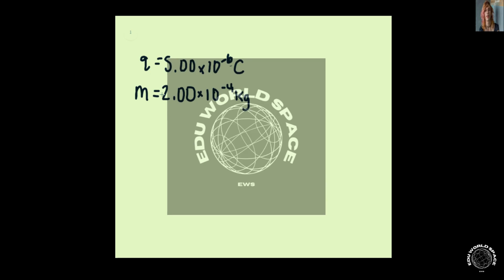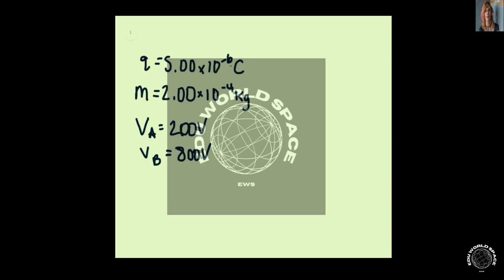And it moves from A, where the electric potential is 200 volts, to B, where it's 800 volts. So VA is 200, and VB is equal to 800 volts.